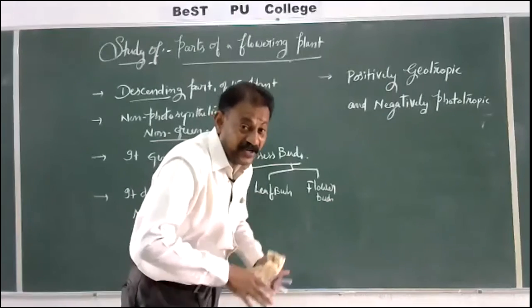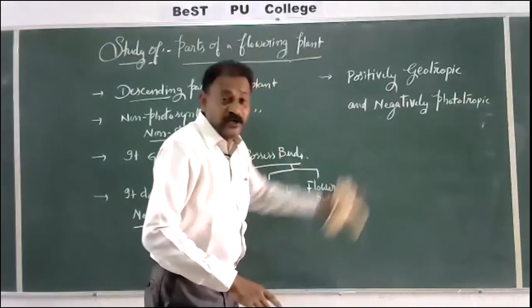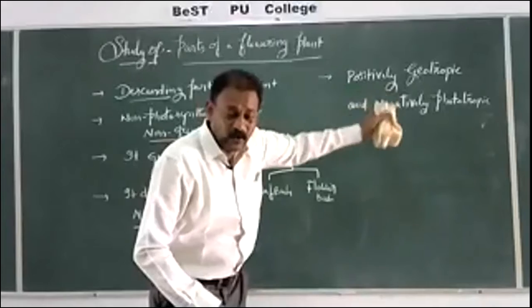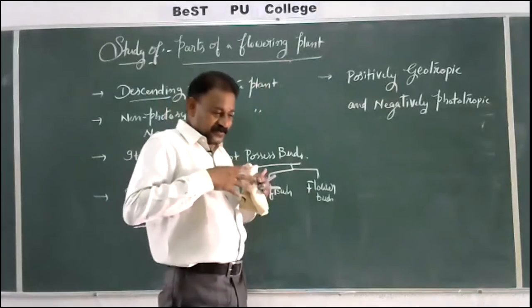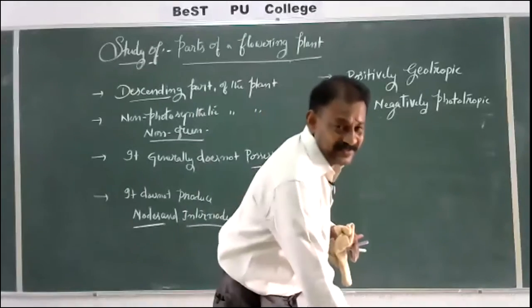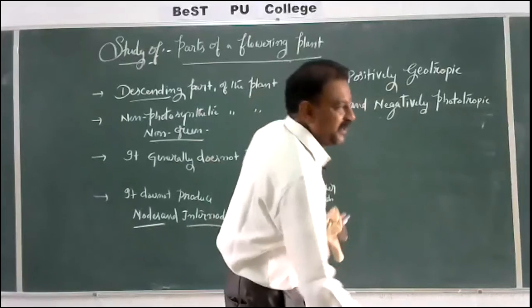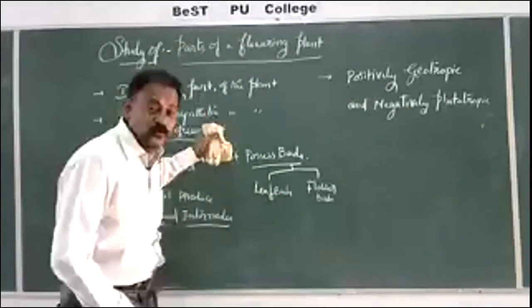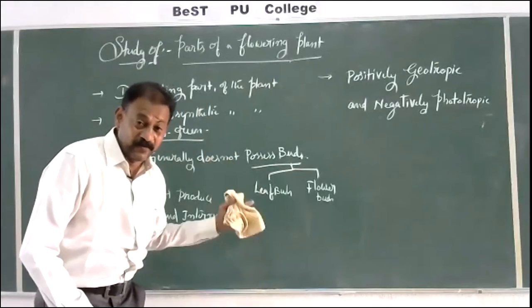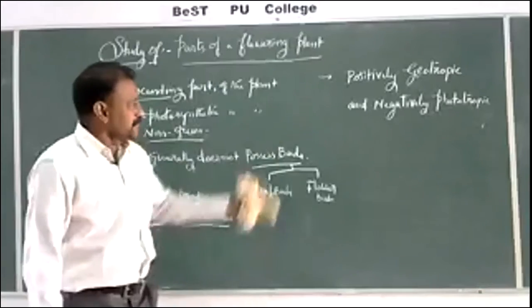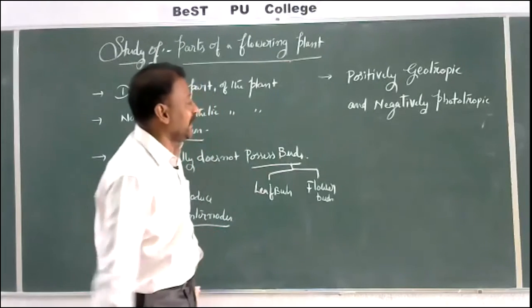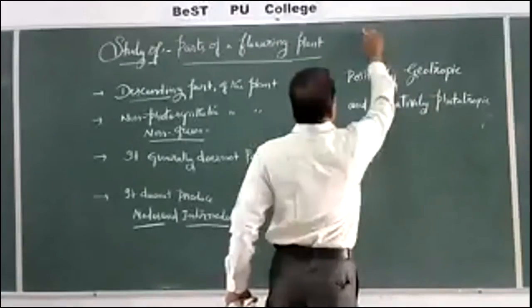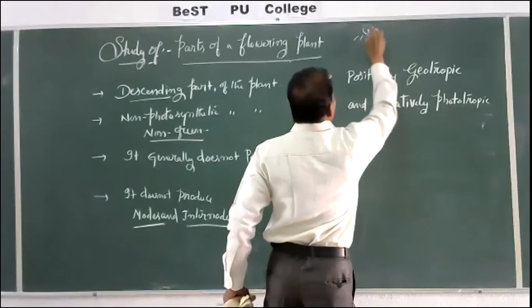So it is called positively geotropic movement. So root shows its movements towards the soil, towards the gravity of the earth. So it is always going down, generally and mostly. Negatively phototropic: photo means sunlight.